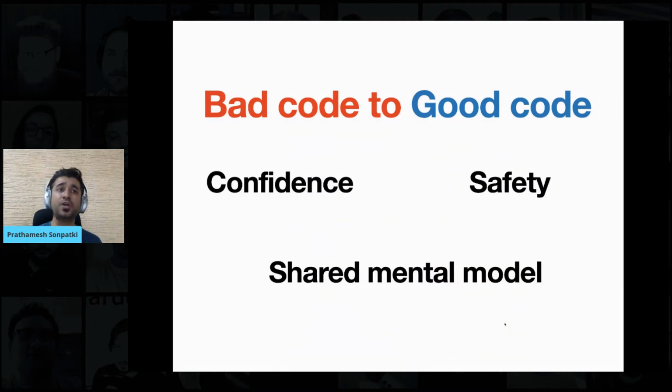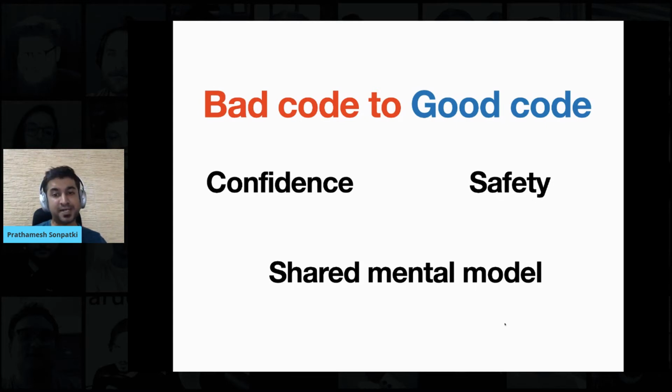So good code, from a reliability and management point of view, there are three things that we look for in a good code base. First is obviously you should have confidence in that code. Then you should have safety, right? The reliability comes from having a safety net in your processes that prevents you from making the same mistakes again and again.